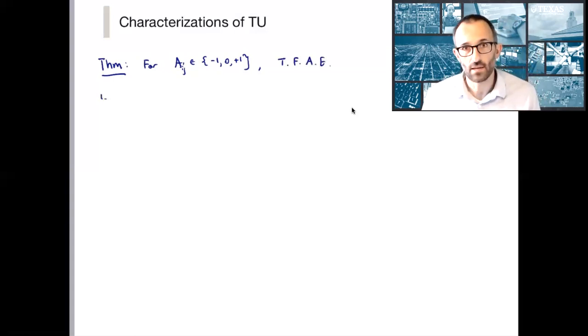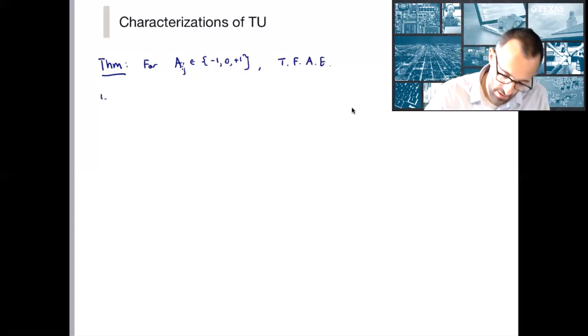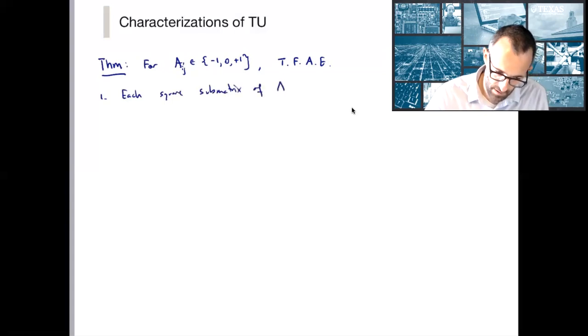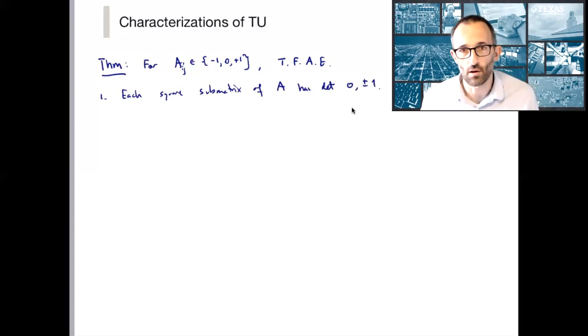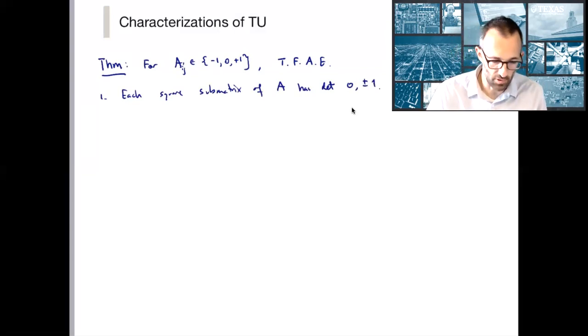A is a totally unimodular matrix. Each square submatrix of A has determinant 0 or ±1. This is our first definition of total unimodularity.